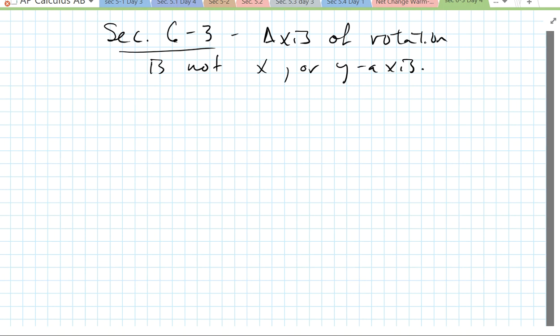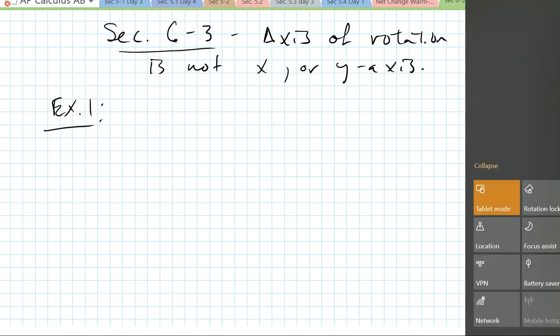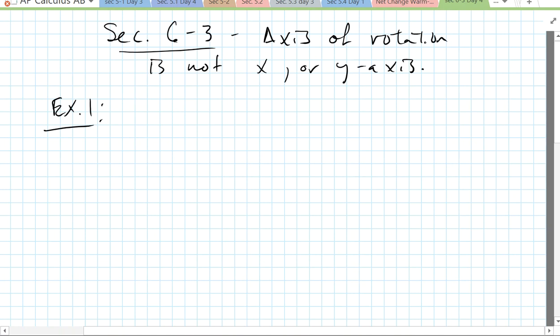We'll do this for discs, and then eventually I'll do a washer for you. This is our first example, and you just have to see how they fit together with everything else. Can everybody see this? Oh, I need to focus it. Better?